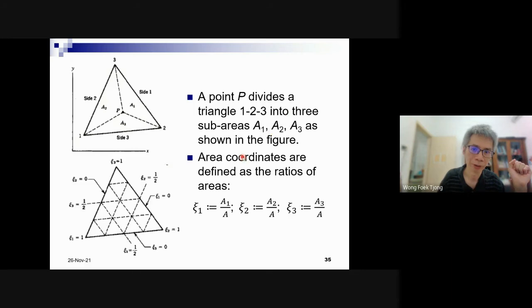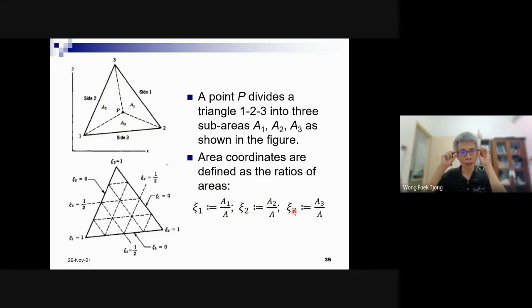Well, what are area coordinates? Area coordinates are defined as the ratios of the areas. So A1 with respect to the total area. Let's give the name C1 for this ratio, and the second ratio C2, and the third ratio C3.